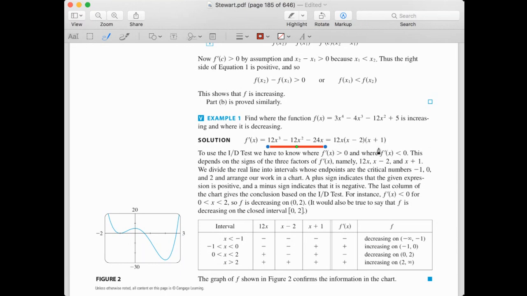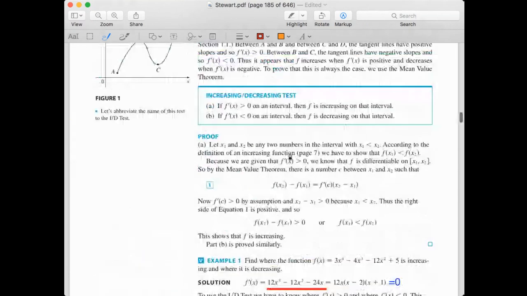Then we set it equal to 0 and solve for x, to find the critical numbers. We take the derivative and set it to 0. Why do we want to do that?